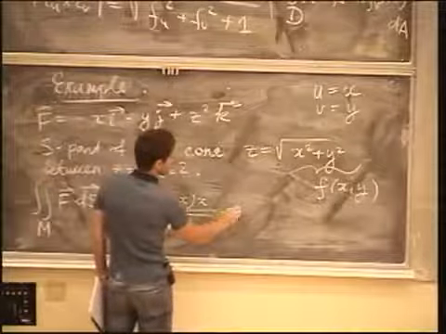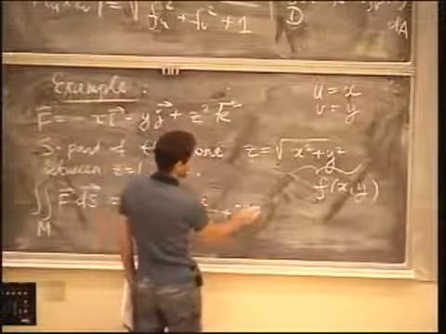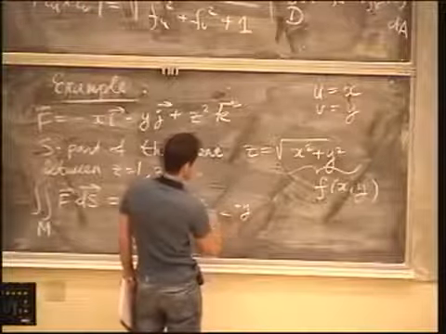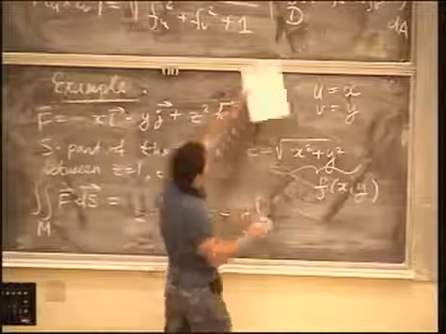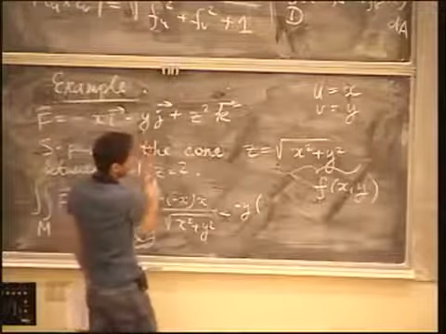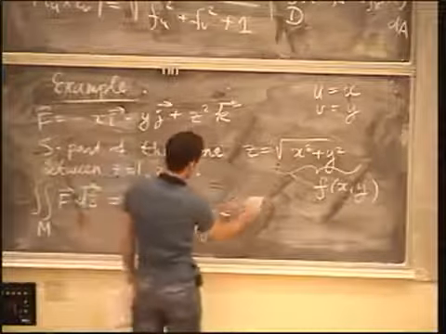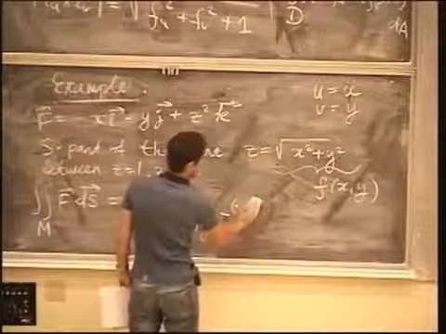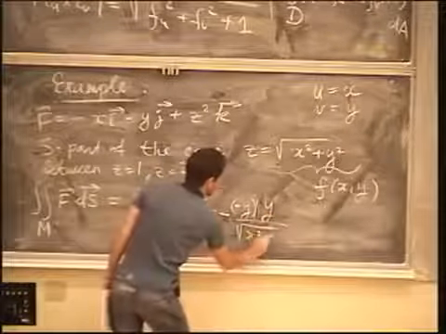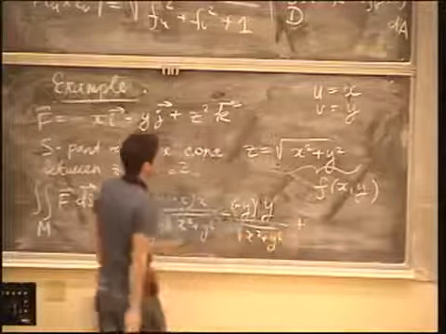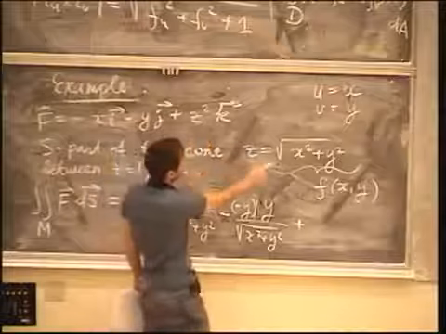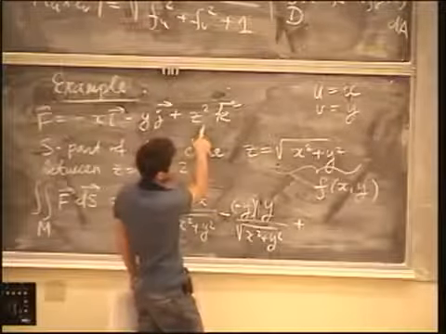Then the next one is negative y. Well, first of all, it's an overall minus, because there is an overall minus here. Then you have to take this negative y and the derivative, which is y divided by square root of x squared plus y squared. And finally, you have to take this times z squared.